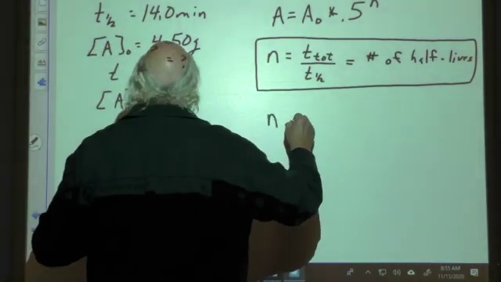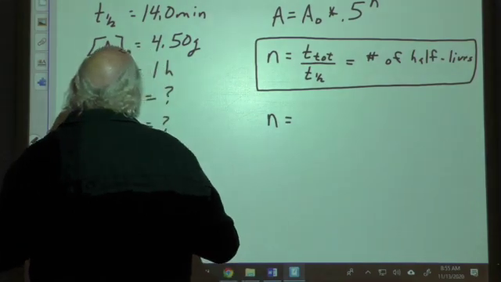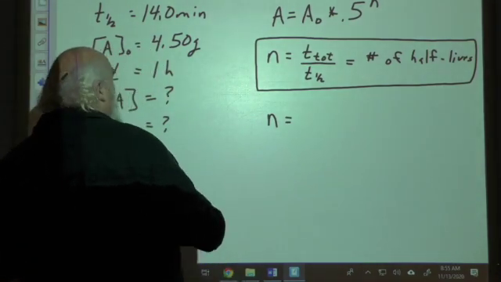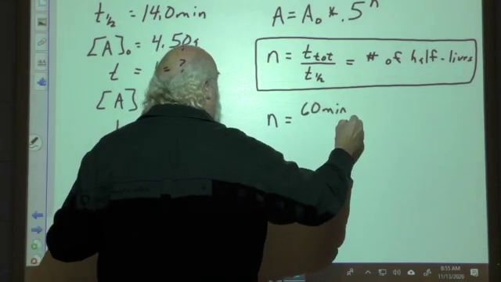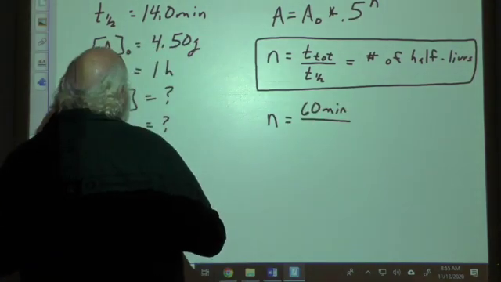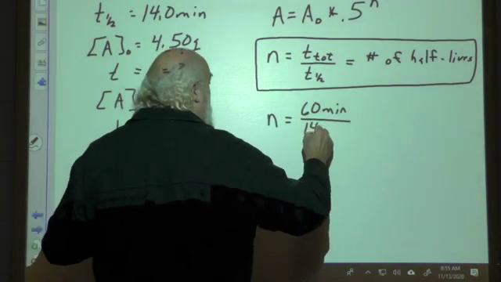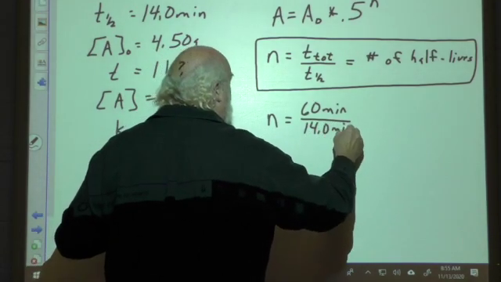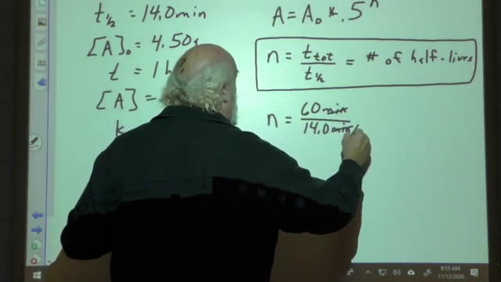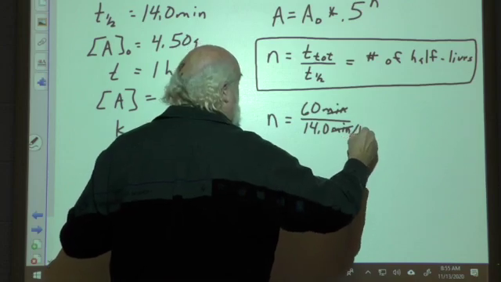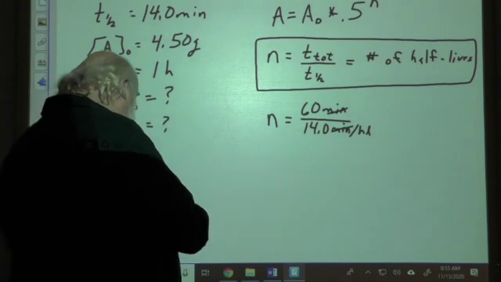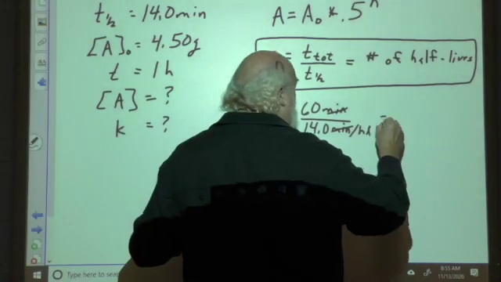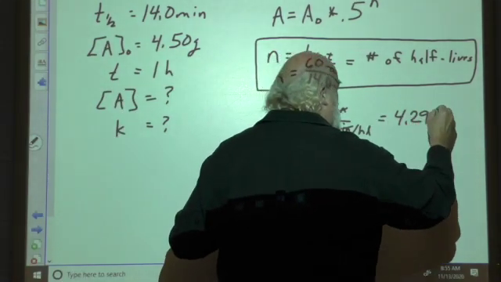So N is going to equal the total time, which is 1 hour, so 60 minutes, over 14.0 minutes. You see, that's per half-life. So the minutes cancel out, that means half-lives. And so when we work that out, you get 4.29 half-lives.